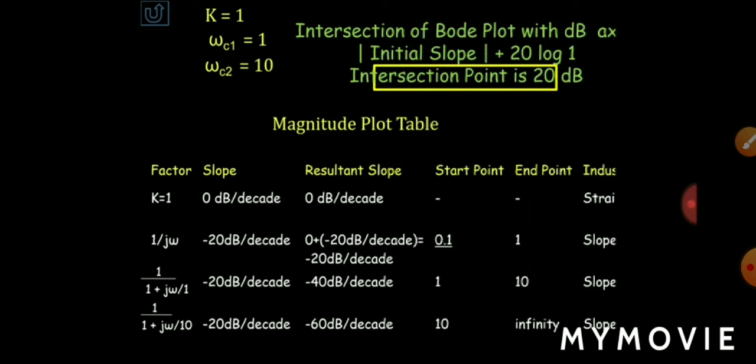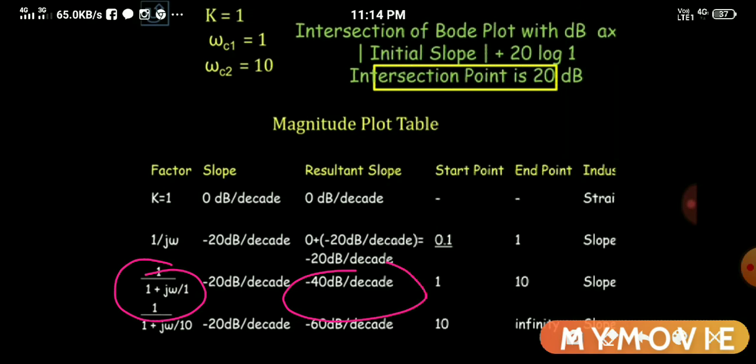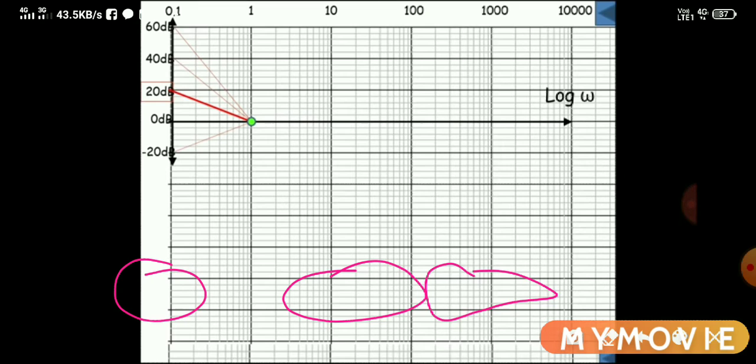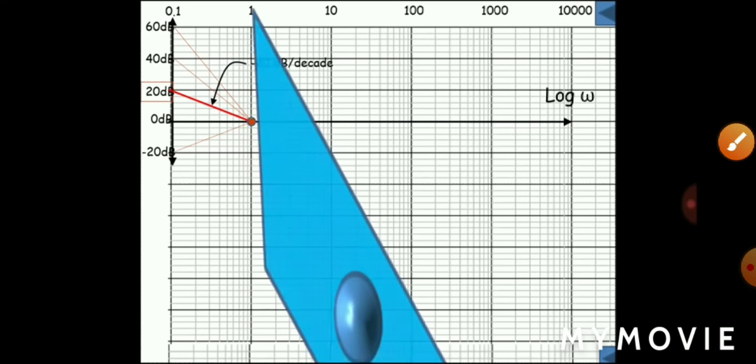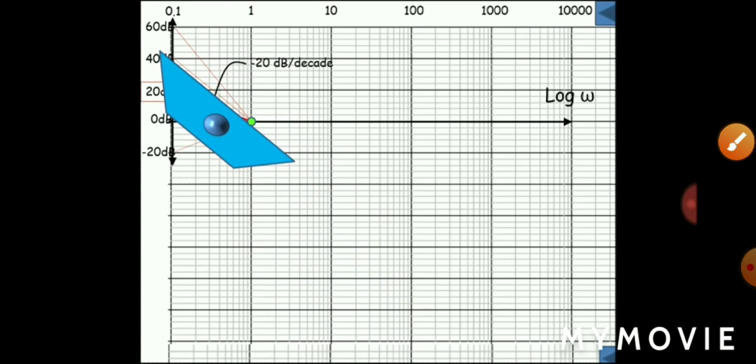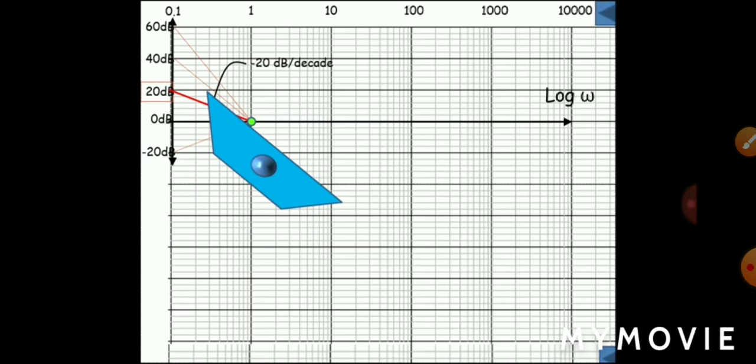After drawing K equals 1, that is 20 log K, next is the simple pole, that is 1 by j omega. Pole means keep the scale at minus 20, as you can see here. For a simple pole, it is minus 20 decibel per decade.